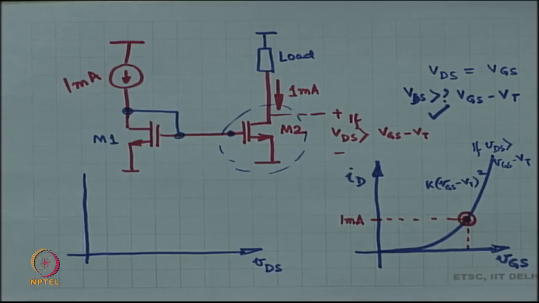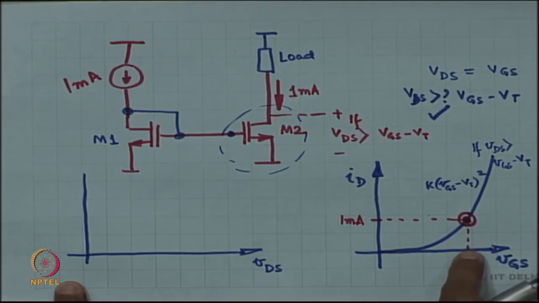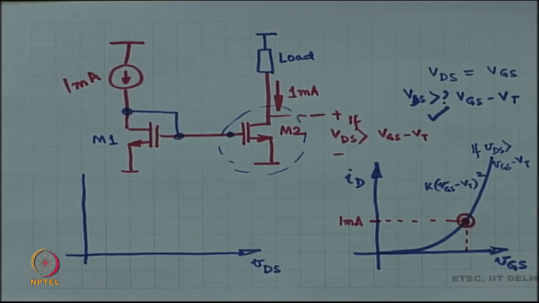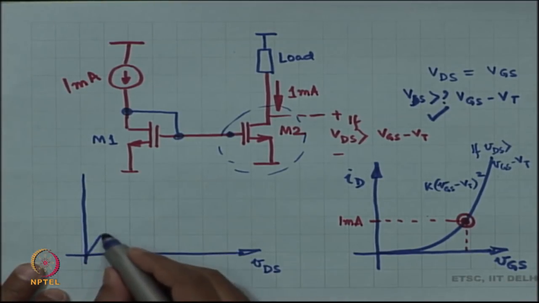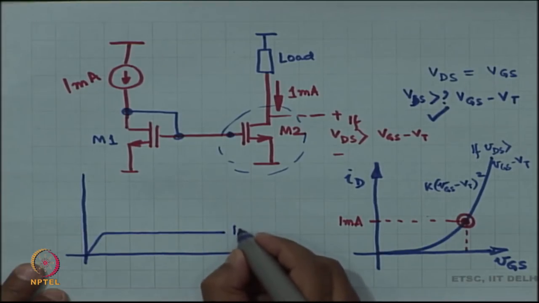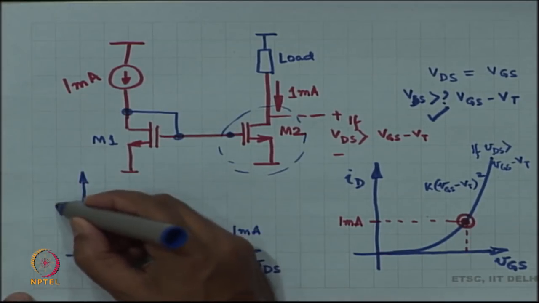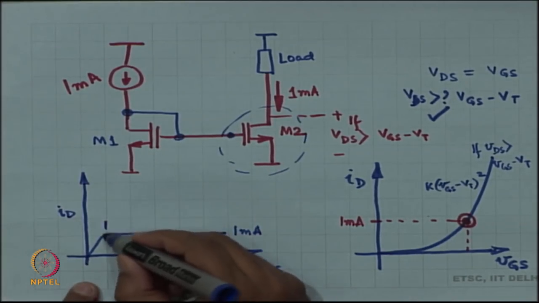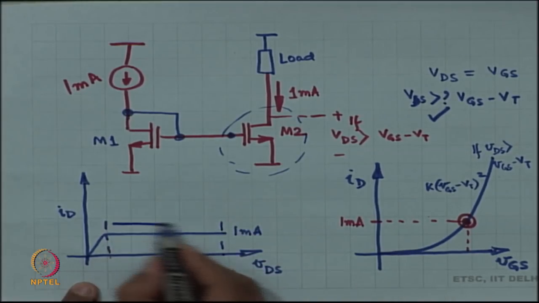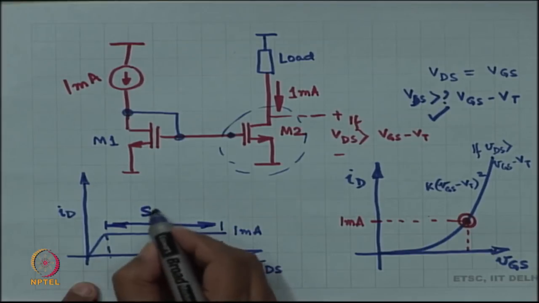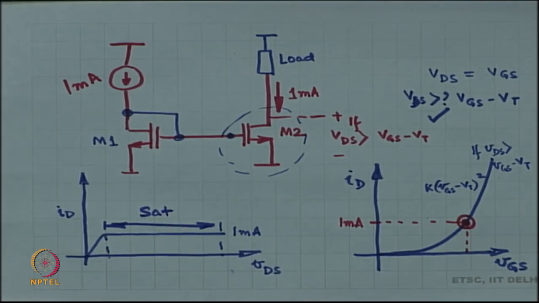M2 also has the same set of curves, right, the same set of curves. So for this VGS it will have 1 milliampere of current if the device is in saturation, or rather if the device is in saturation, then it is going to pick this particular curve, which happens to be a 1 milliampere curve, right. And if the device is in saturation, then this does not change. The current does not change when I change VDS. So, this is the basic premise.